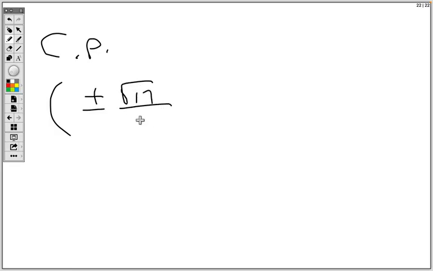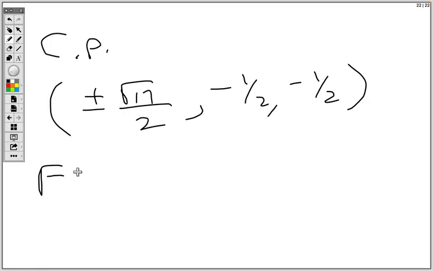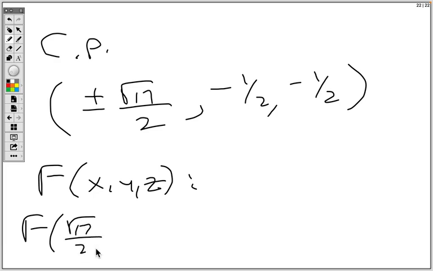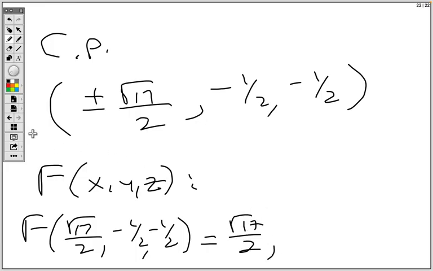All right, so that means my critical points are plus or minus root 17 over 2, minus a half, minus a half. And if I look at f of this, I plug those in. If I look at f of the positive one, once again, f is just a forgetful function. It forgets about y and z. I'm going to get the positive root 17 halves.